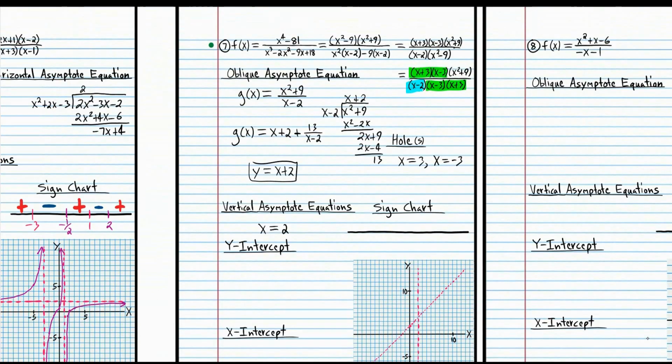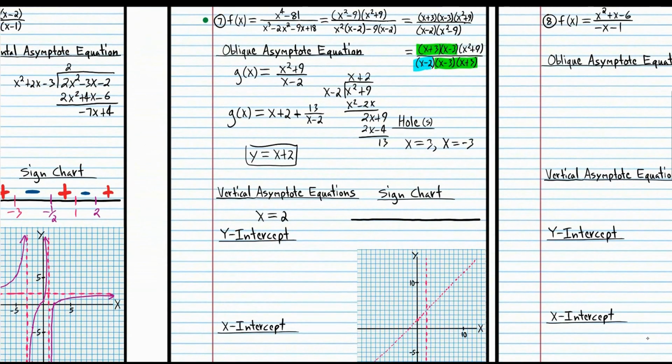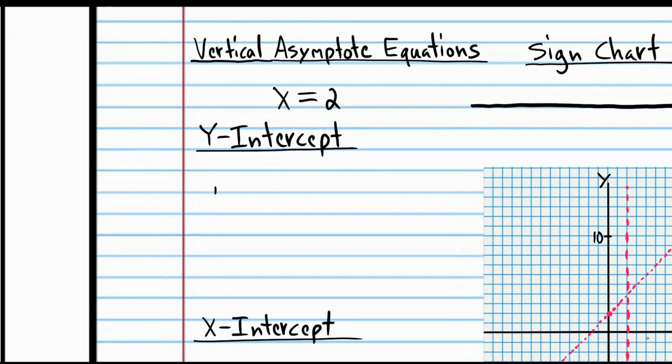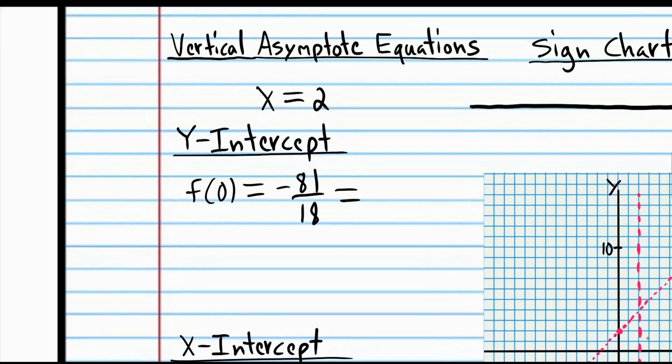And if we let x equal 0, we have negative 81 over 18, which is negative 9 over 2. So the y-intercept is 0, negative 4.5.